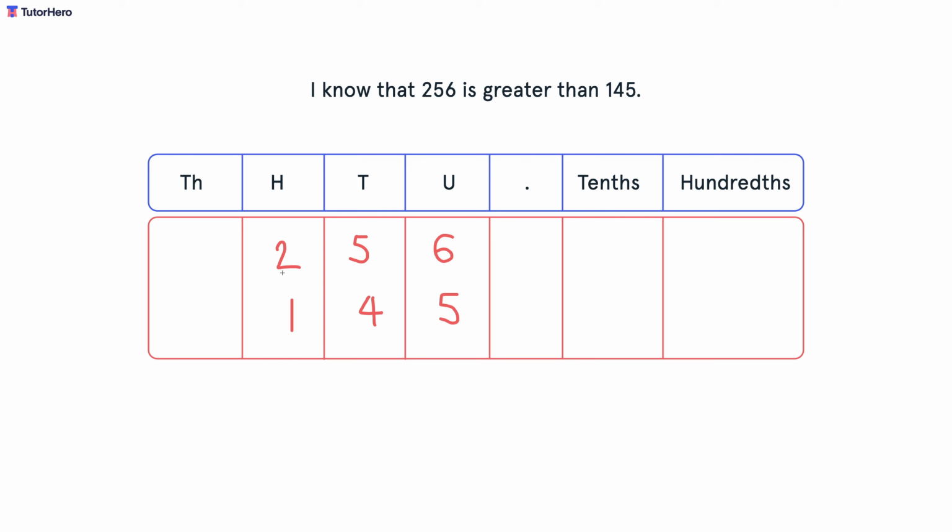So we know that 256 is greater than 145 because it has more hundreds, more tens and more units. So 256 is greater than 145. Again, that crocodile's mouth is always facing the largest number.